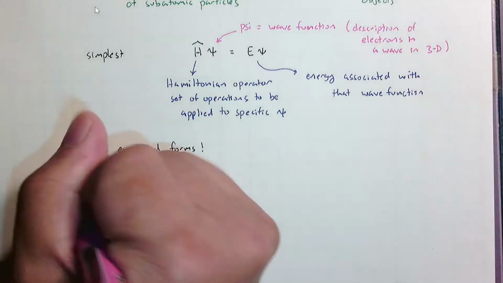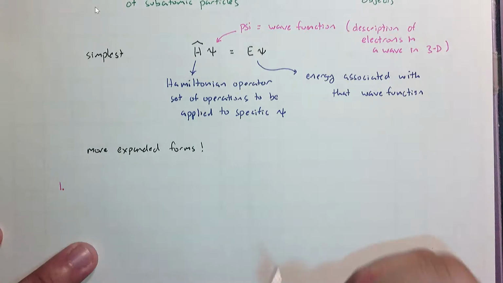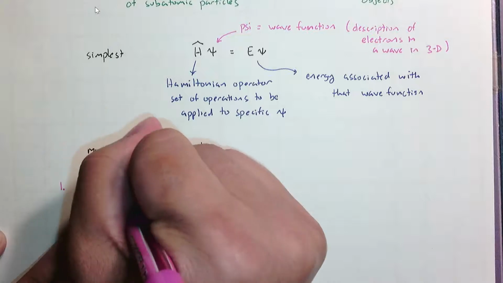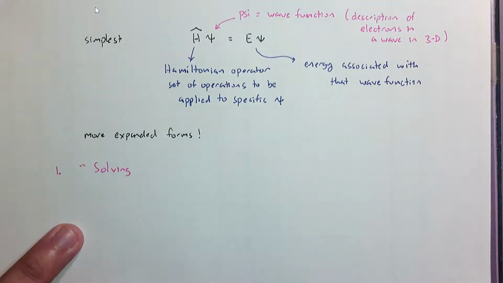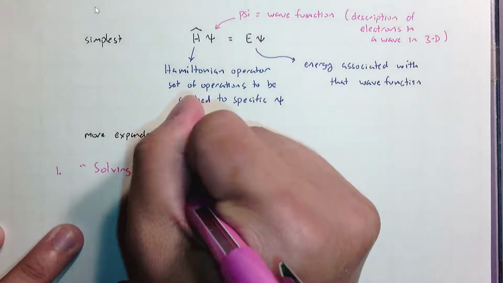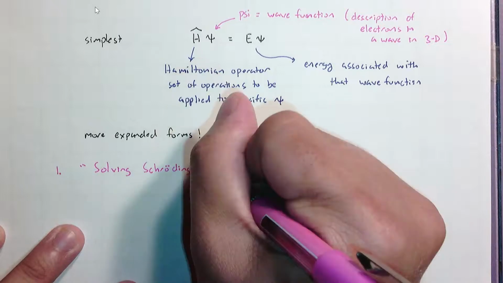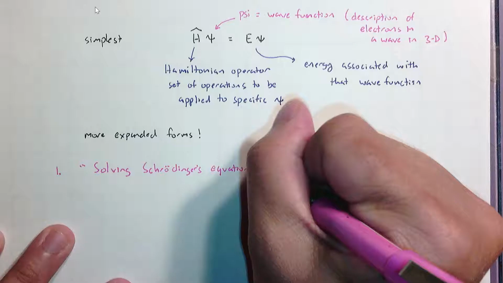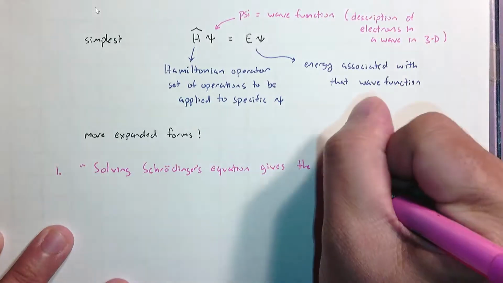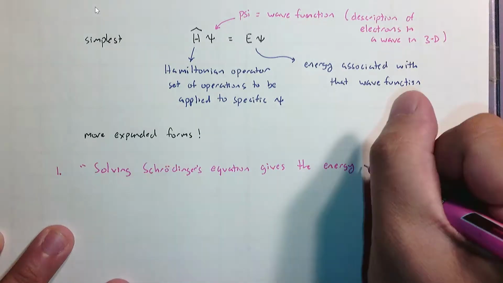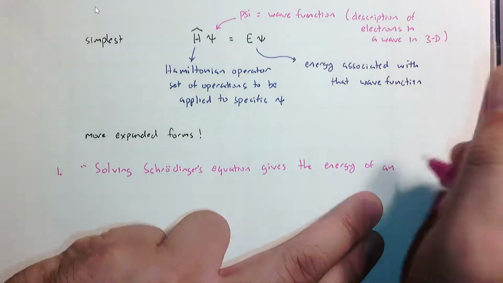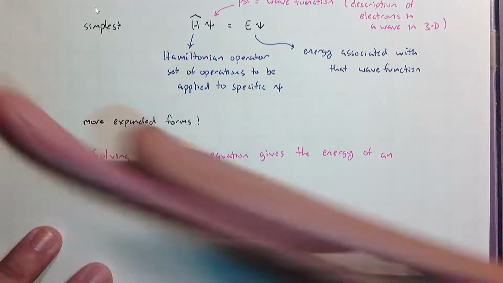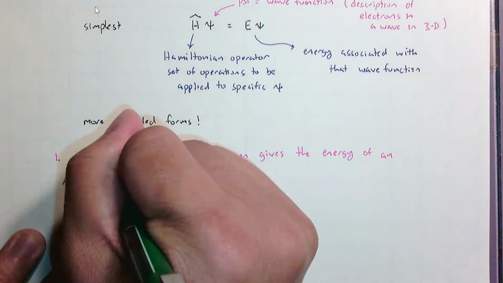So number 1: solving the wave function, or should we say solving Schrodinger's equation, gives the energy of, and I'll put this in a different color, an atomic orbital.